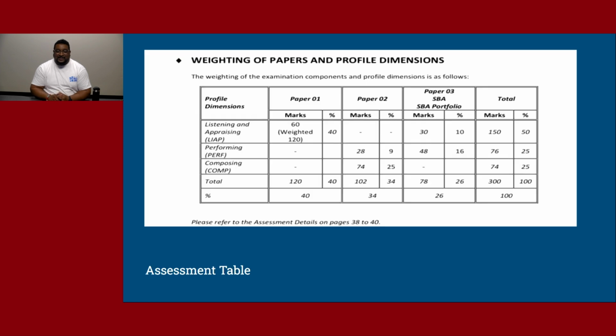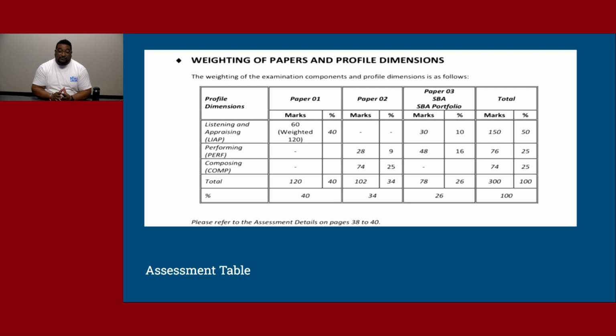In anything that we do in terms of exams or assessment, we are to be guided by what the table looks like, or the rubric. This is pulled straight from the syllabus, and you'll see exactly the weight of each paper. In CXC, you are going to be sitting 3 papers: Papers 1, 2, and 3.